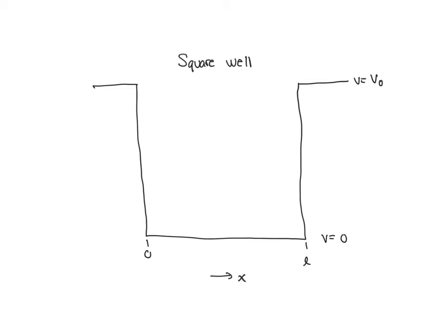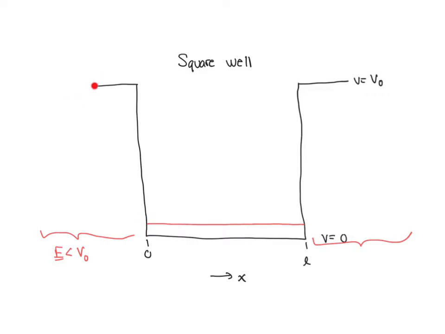So we know that out here in the regions that are outside our little well, we could have energies that are less than V naught. So inside the well, we could have an energy level that is this much, and that would mean that outside the well, our energy would be less than V naught.